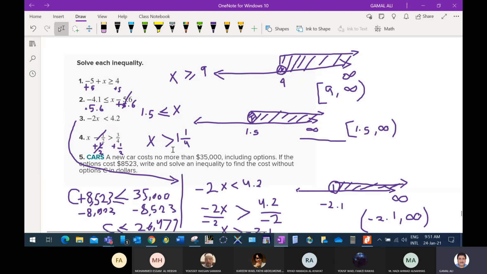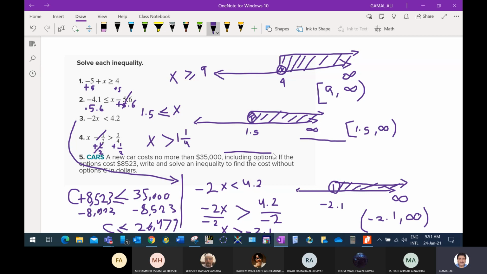If you want to represent 1 and 1 quarter, how can you graph it?